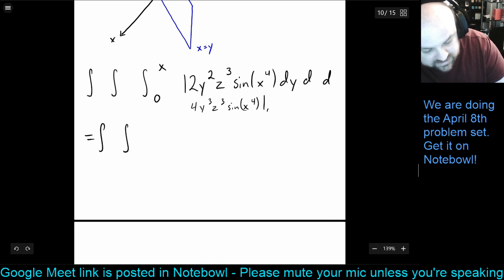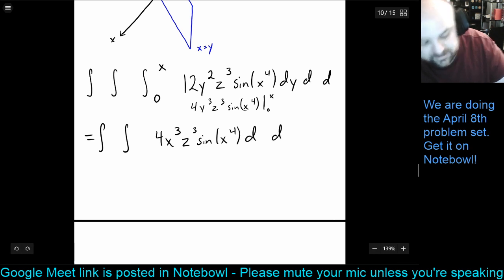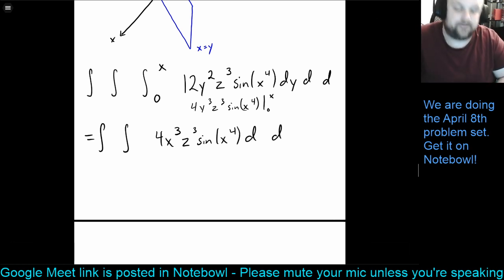We're going to have this stuff from 0 to x. And so when we plug this in, we're going to get 4x cubed z cubed sine of x to the 4th. That's going to be the result of doing that y integral.